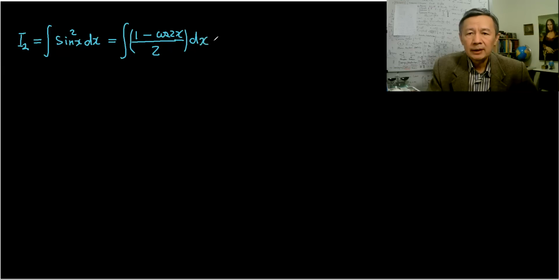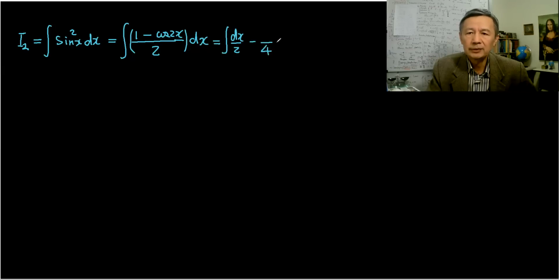Can we just finish this integral, although it is not so difficult? The first term will be the integral dx divided by 2. Of course, you can put a 2 outside. For the second term we just write 4 here.